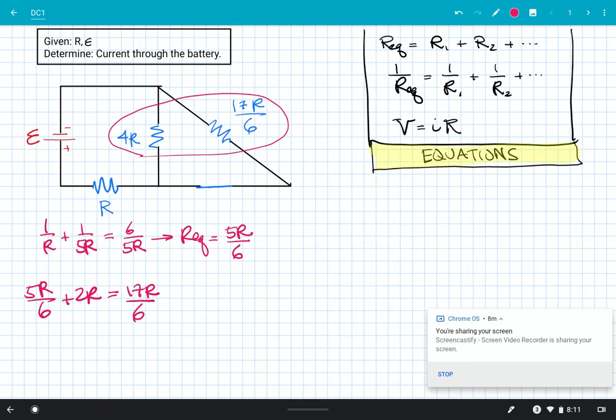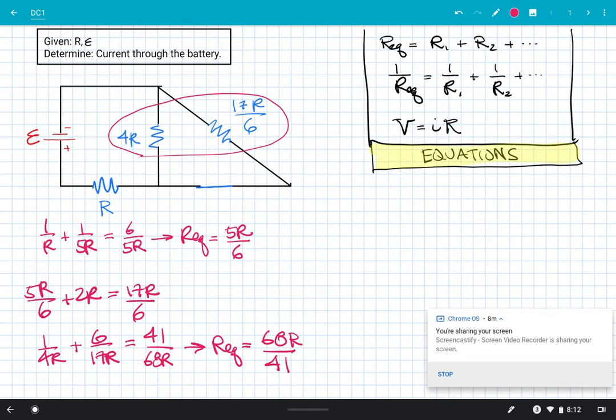So 1 over 4R plus 6 over 17R is going to be equal to 41 over 68R, but I'm not done, because I have to invert that, right? So my R equivalent there is going to be equal to 68R over 41.